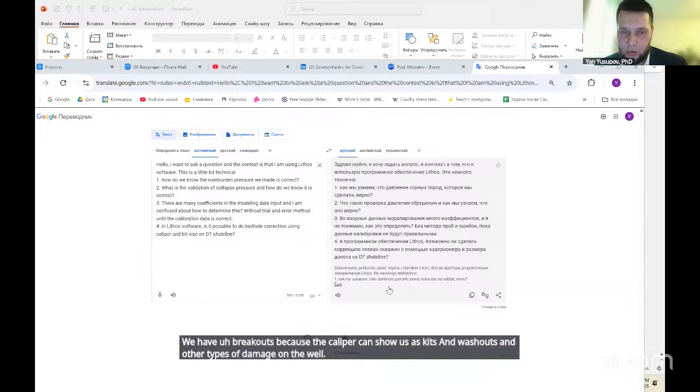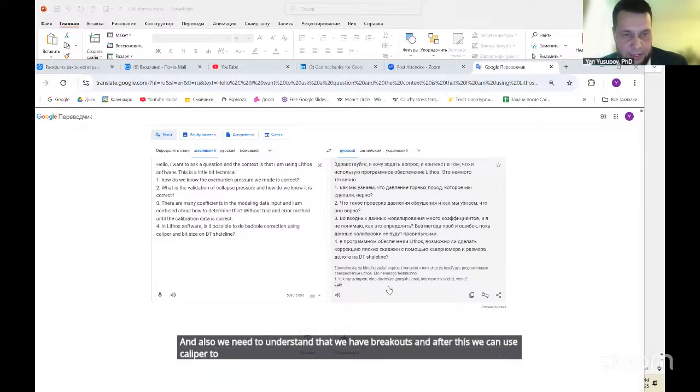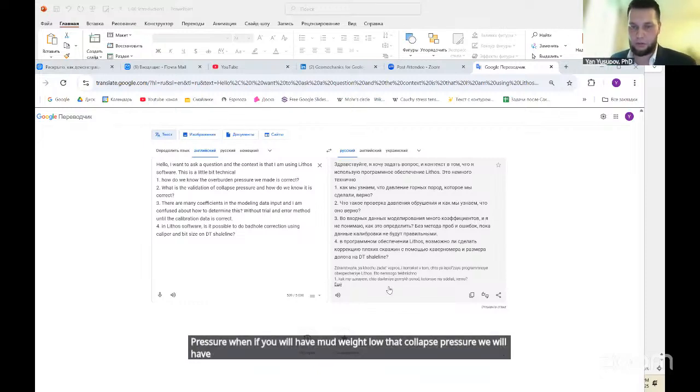After this we can use a caliper to validate the collapse pressure. Collapse pressure is a shear failure pressure. This is the minimum allowable pressure. If our mud weight is lower than the collapse pressure, we will have breakouts. If our mud weight is more than the collapse pressure, there will be no breakouts.